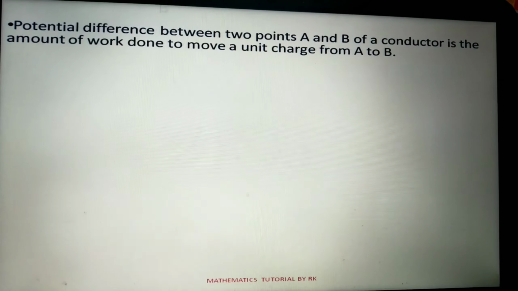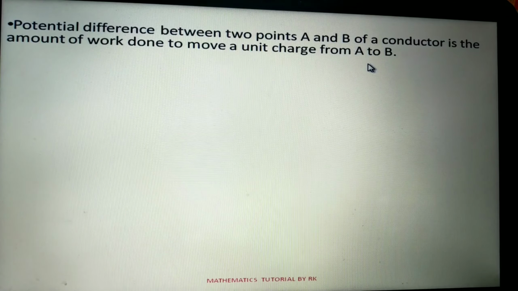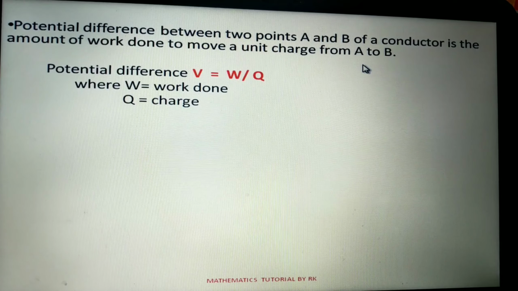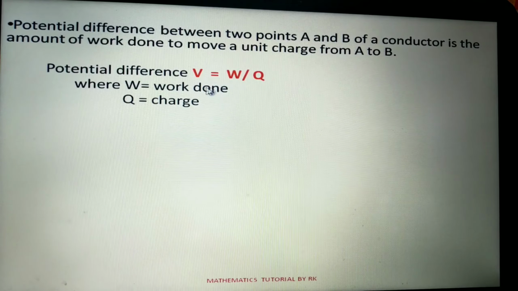Potential difference between two points A and B of a conductor is the amount of work done to move a unit charge from A to B. Suppose two points A and B are given. From point A to B we have to do some work, which is our potential difference. Potential difference is given by V is equal to W by Q, where V is the potential difference, which we also call voltage, W is the work done, Q is the charge.